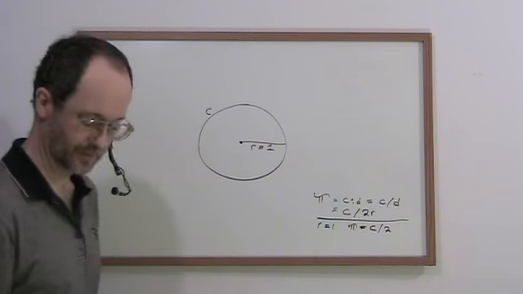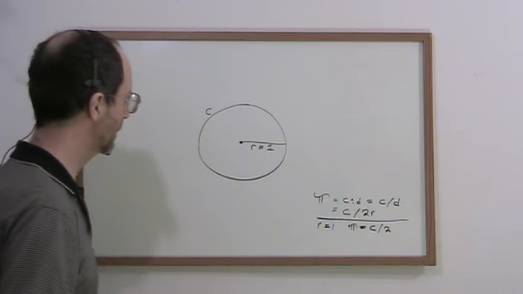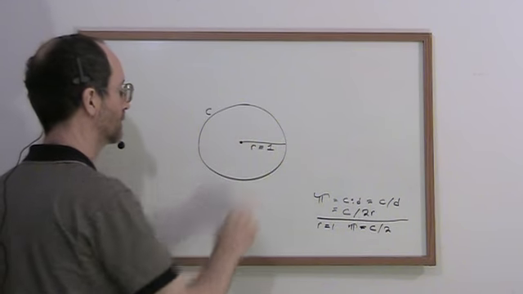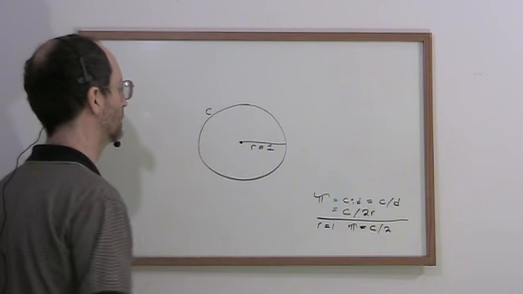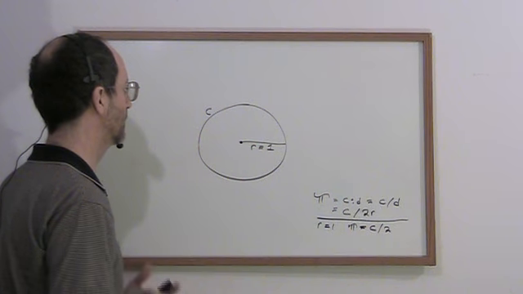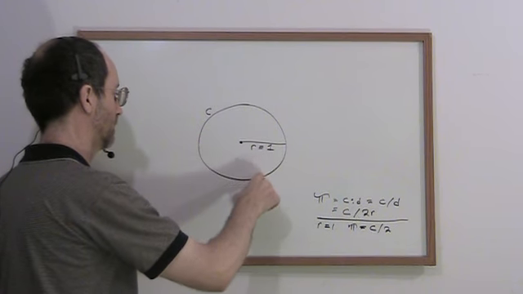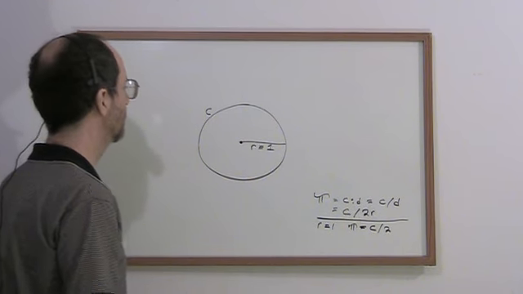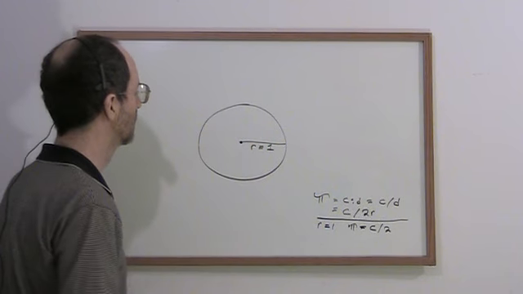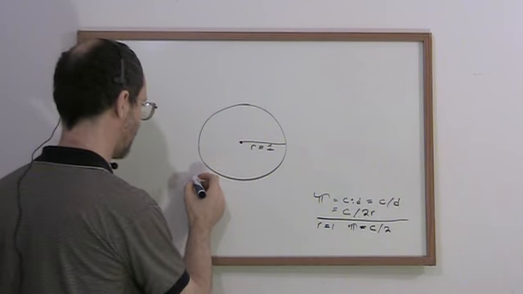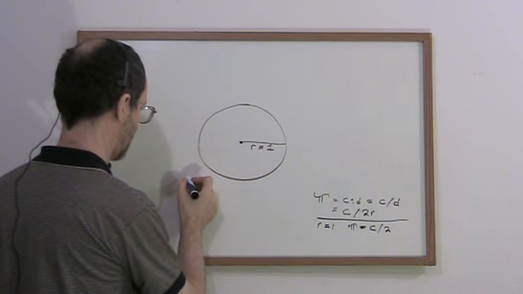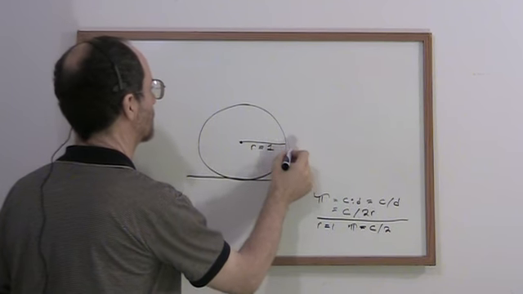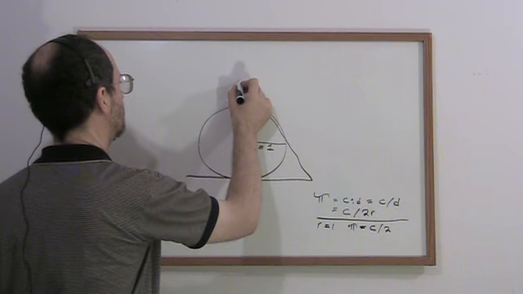Okay, now for a geometric estimation of this, if we take the circle, the only thing we know about it is this distance from the center to the edge is 1. If we want to geometrically determine the distance around the circle, the method is to construct polygons that circumscribe the circle.